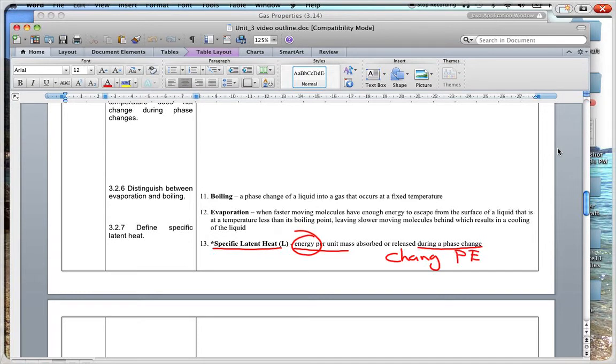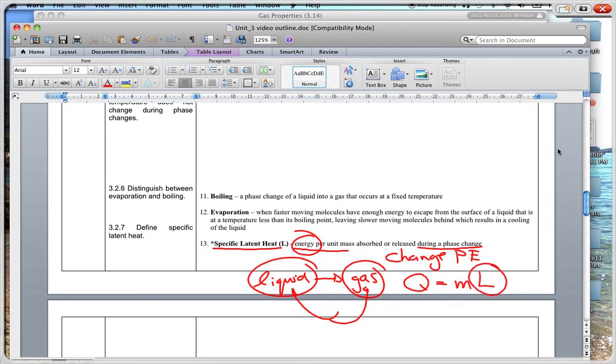So when you're going from, for instance, a liquid to a gas, we have to add energy into the liquid to make it into a gas, because the potential energy of the gas is higher than the liquid. The formula given is Q equals mL, where L is the specific latent heat. This is a value that you would get from a table. These values have been determined for all liquids.